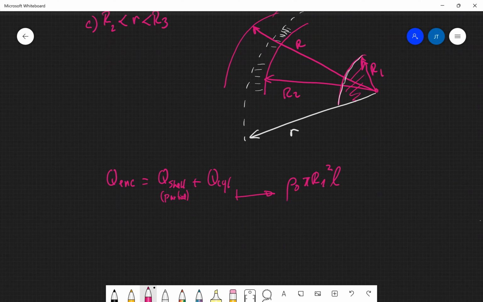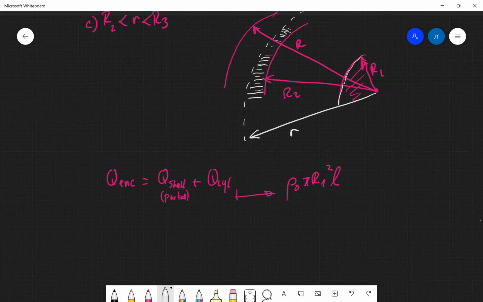So again, imagine the Gaussian surface to be a cylinder of radius r and length L. To account for this much charge, we need the volume of this. You take that cylinder of radius r, and then you take away this cylinder, and you're left with the shell.